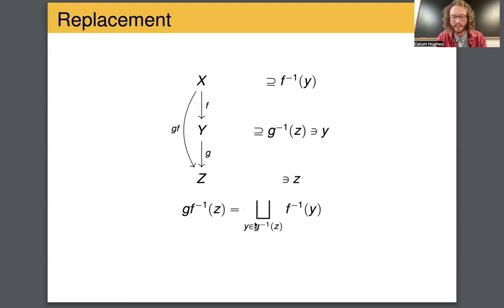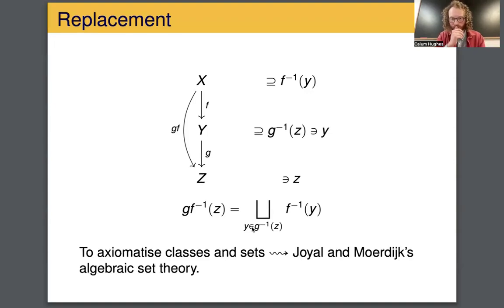And so this is how we get, using the axiom of replacement, these massive co-products. So one approach to axiomatizing classes as well as sets is by Joyal and Moerdijk's algebraic set theory. But maybe I don't want to talk too much about that here. This is just one way to axiomatize classes as well as sets.